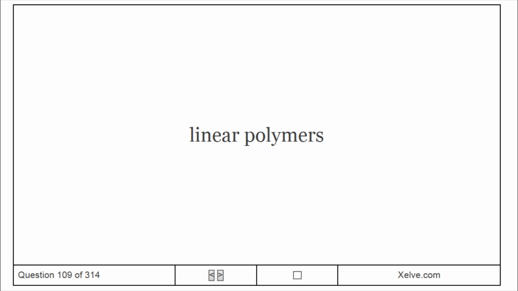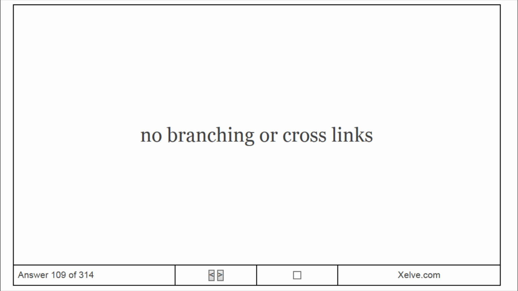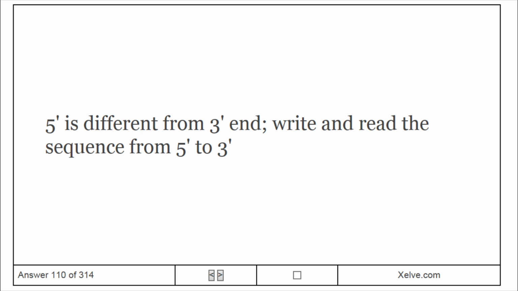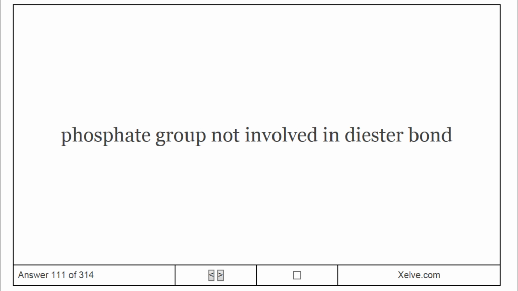Nucleic acids are linear polymers with no branching or cross-links. Directionality of nucleic acids: 5' is different from 3', and we write and read the sequence from 5' to 3'. The 5' end has a free phosphate group not involved in an ester bond.